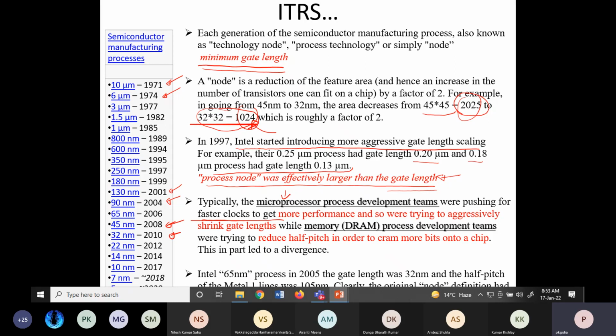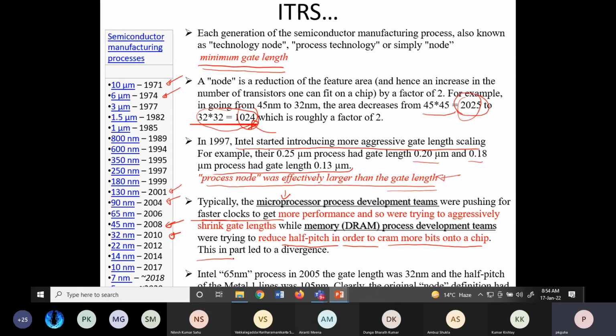Because in memory you need so many read lines, write lines. Those are metal tracks or metal lines, right? So they want metal lines as close as possible, so that you can fabricate as many metal lines as possible. So the memory people were trying to reduce the half pitch, that is roughly the separation, in order to cram more bits into the chip.